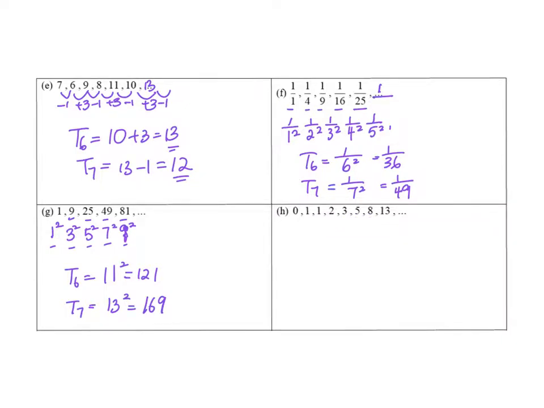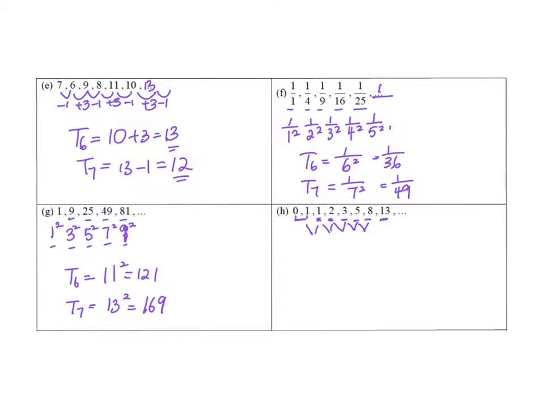Are the numbers related to each other? Let's check. 0 plus 1 will give you the number 1. And then 1 plus 1 gives you the number 2. 1 plus 2 gives you 3. 2 plus 3 gives you 5. 3 plus 5 is 8. 5 plus 8 is 13.